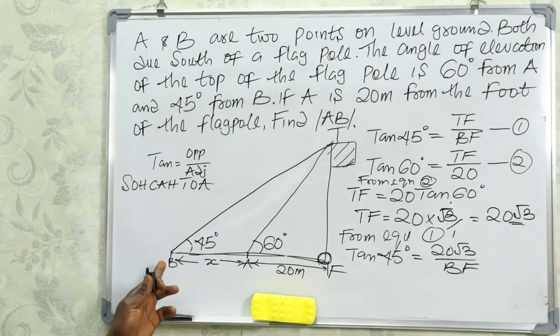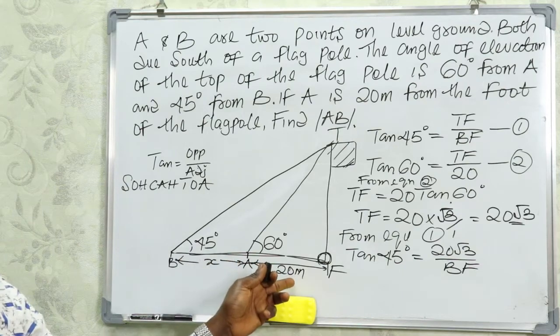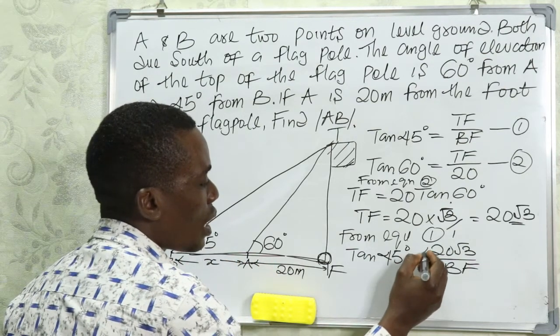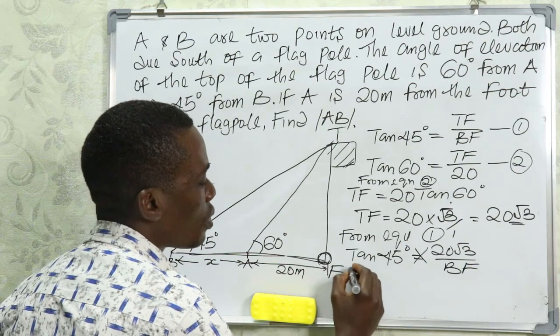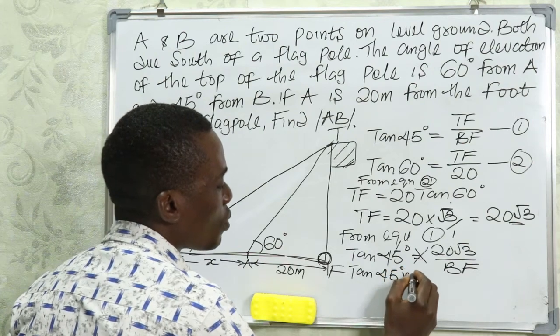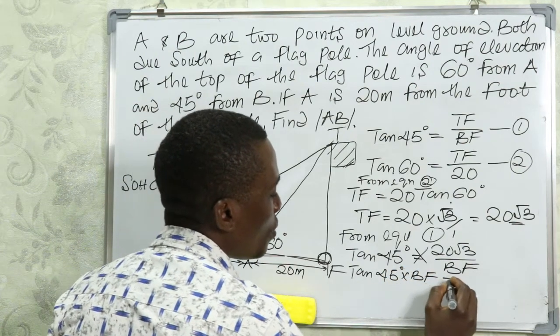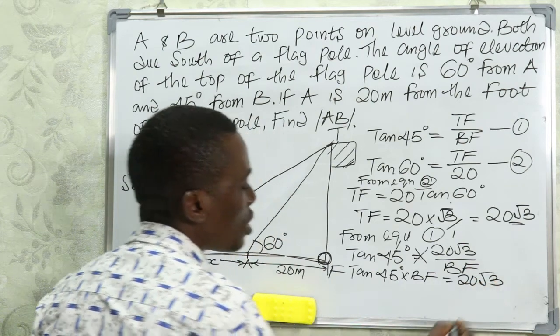Now do you know what BF is? It is x plus 20. So if we cross multiply, we are going to have tan 45 degree times BF equal to 20 root 3.